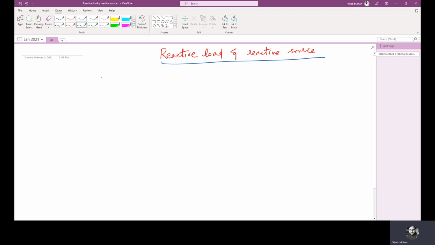So a reactor having an inductive reactance XL of 4 ohms is connected to the terminals of a 120 volt AC generator. So the source is a 120 volt AC generator.